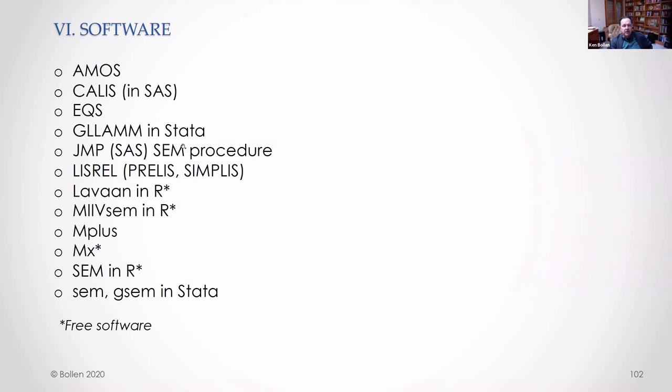There's this new SEM procedure in JMP and SAS, which has some quite interesting features too. There's GLAMM in Stata, and there's a SEM procedure and GSEM in Stata. So there are lots of ways you can gain access to these SEM packages. And the asterisk means that these are free software, so you can see a few of them are actually free.